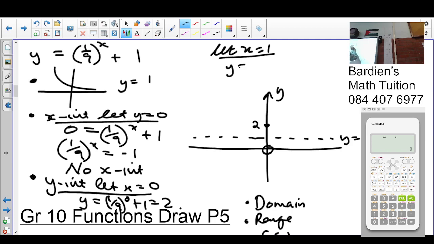So we get y is equal to (1/9) raised to 1 plus 1, which is 1 and 1/9. Now is 1 and 1/9 above or below the asymptote? Here's 1. How can 1/9 be below? Must be above. So if x is 1, y is 1 and 1/9. As you can see, the graph is decreasing, so the graph is doing that.